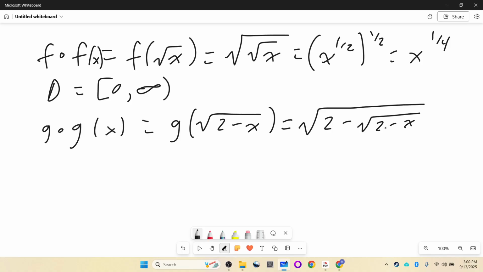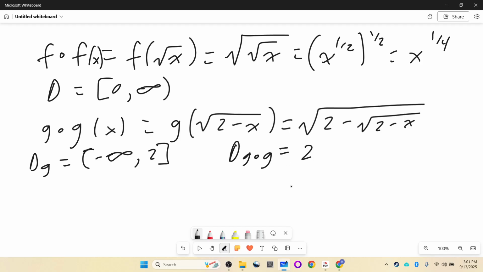I don't think there's any way to simplify that. The domain of g by itself is negative infinity to 2. And then for the domain of g composed g, we need 2 minus square root of 2 minus x greater than or equal to 0.